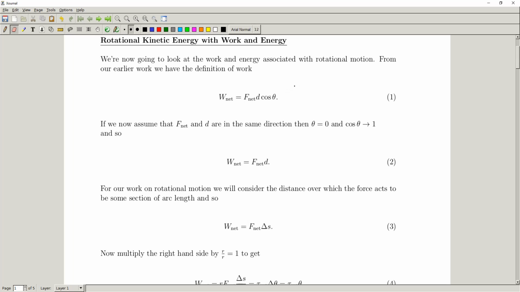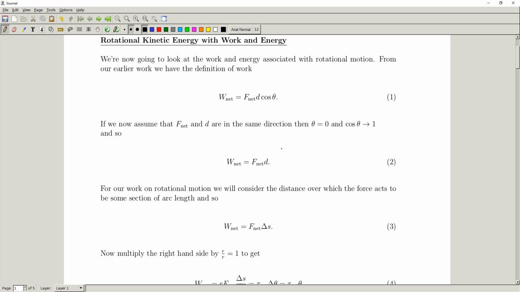So let's remember that work here is the net work done by this force acting over some distance, and the angle between the vector formed by the net force and the distance is theta, right? So it ends up being F net d cos theta is our net work, okay? But if we assume that F net and d point in the same direction, then we have a theta of 0, and so cos theta just goes to 1, and we end up with this expression here, right?